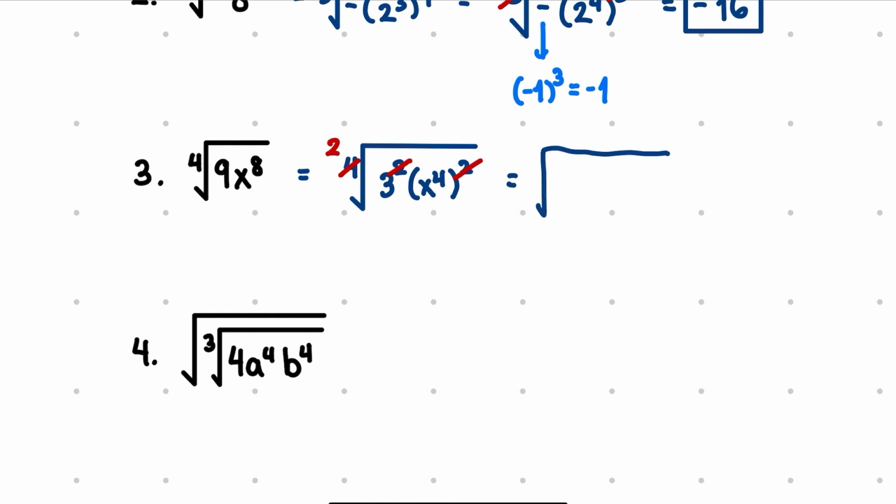the square root of 3, and let me write x raised to 4 as x squared squared, right? Take note that in radicals, if the index is not present, that just means that this is 2, in case you didn't know.